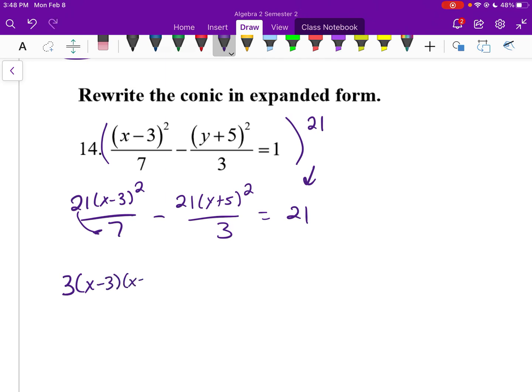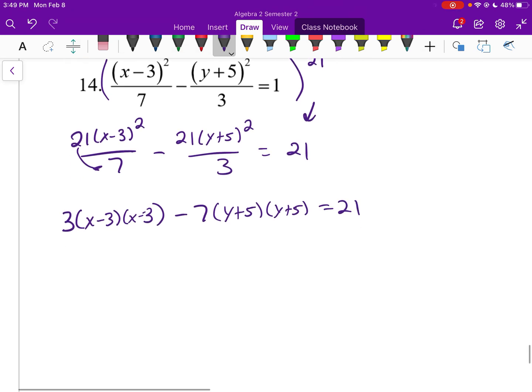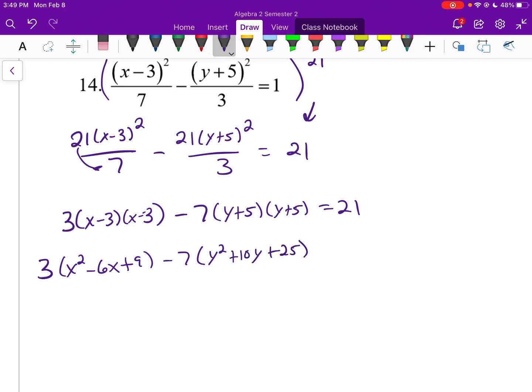So 3 times x minus 3 squared, minus 21 over 3, that's going to be 7 times y plus 5 squared. I'm just going to write that out. It's equal to 21. Multiplying the two binomials there, you're going to get x squared minus 6x plus 9, minus 7 times y squared plus 10y plus 25, equal to 21.